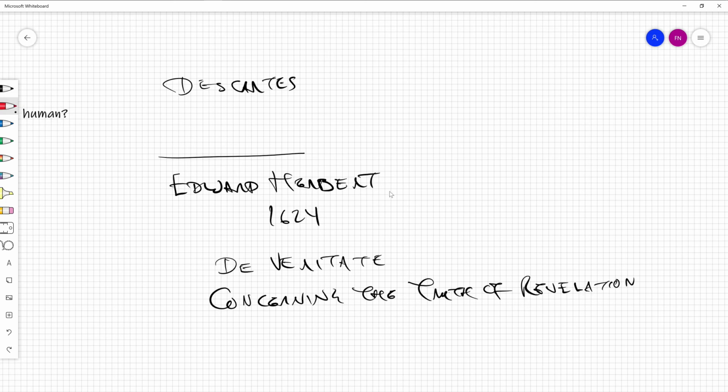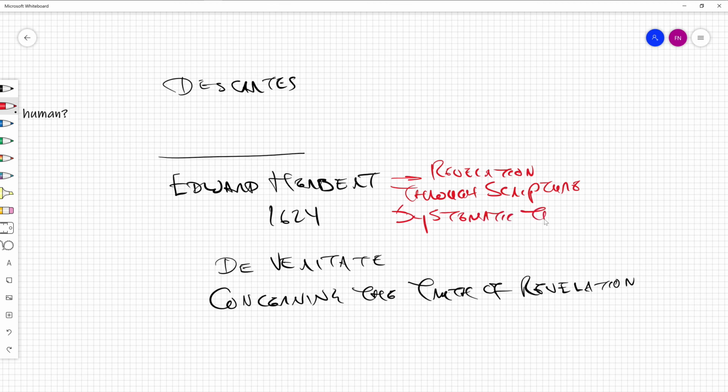Herbert argued that revelation through Scripture, through systematic theology, was not valid.